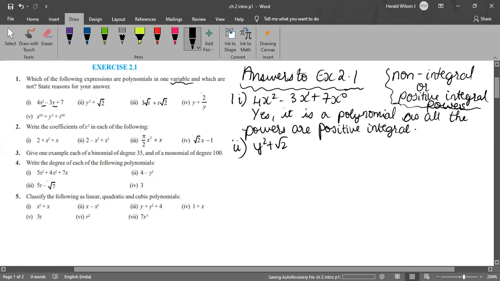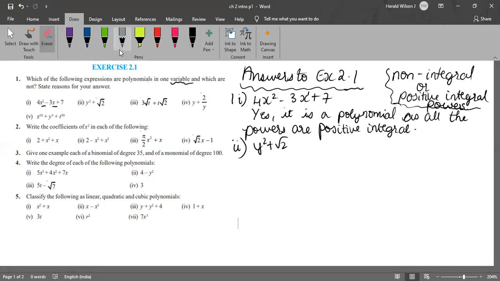Here 7, here x squared. So here we shouldn't look at this x raised to 0. We must only look at the variables. Here y square, here root t, and here t, then here y, then all of these variables. You need to look at all of this, because they're asking polynomials in one variable.